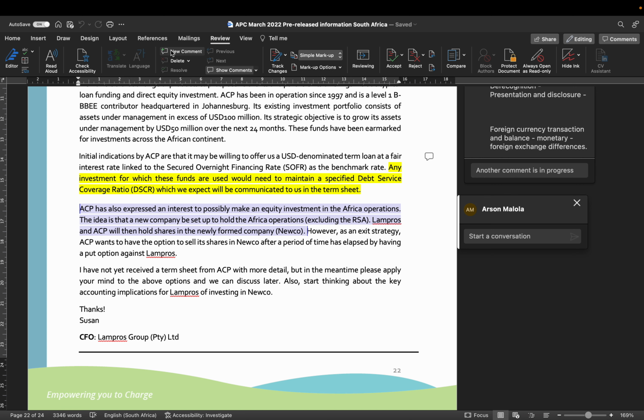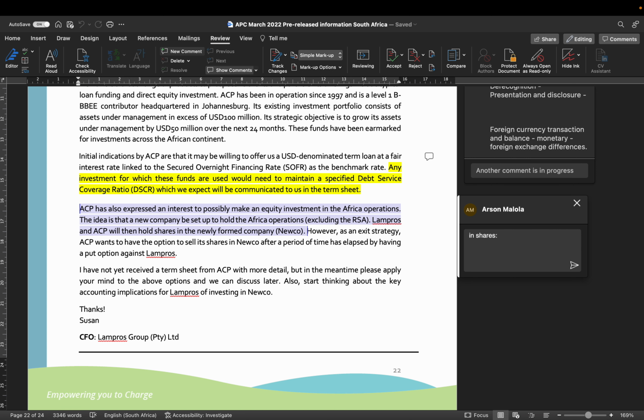Now, in the context of an accounting trigger, which becomes very clear in the following sentences, let's have a look at the statement. Incorporating a new entity and investing in this new entity, the key concern here would be the classification of the investment in shares, right?